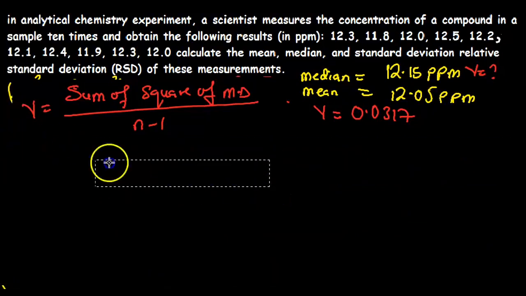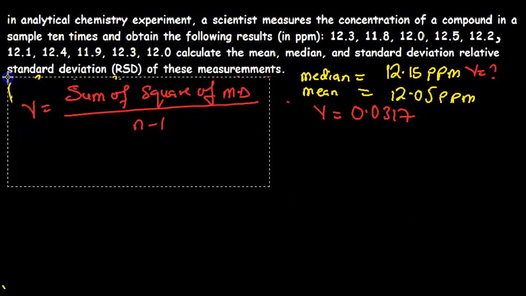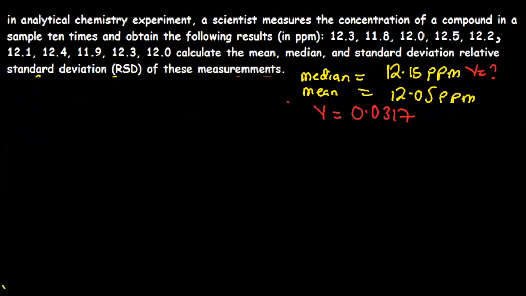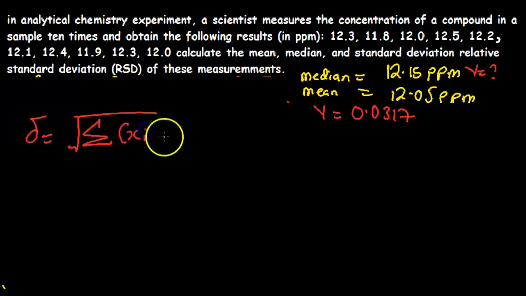So now that we have found our median, our mean, and our variance, we can now simply find our standard deviation. The standard deviation is given by sigma, which is the square root of the summation of xi minus x bar squared divided by n minus 1.